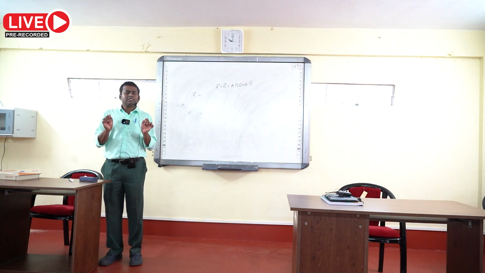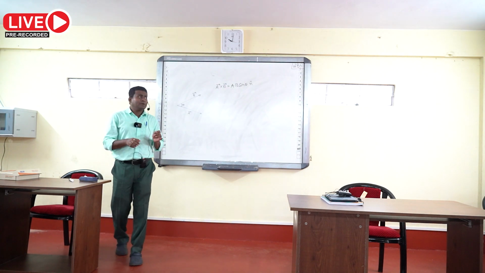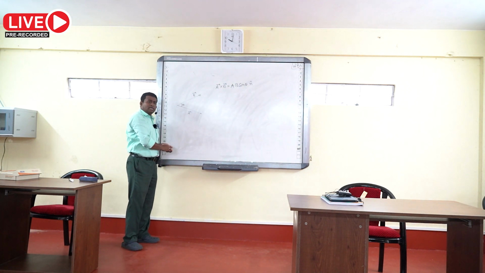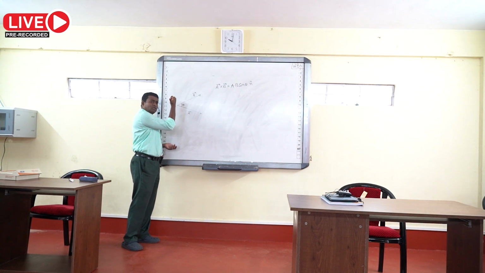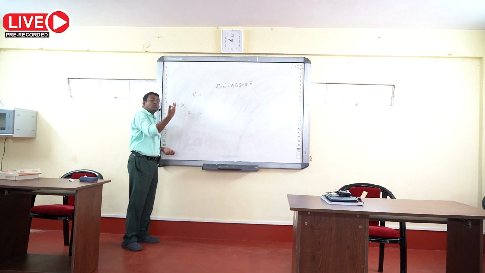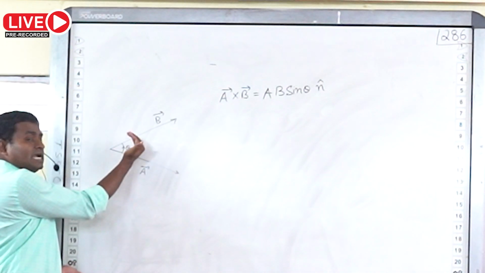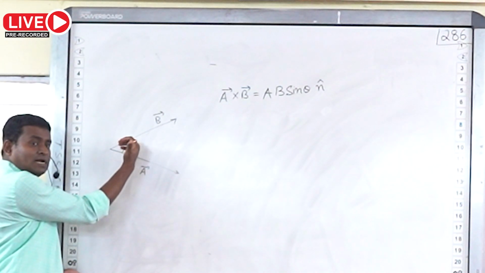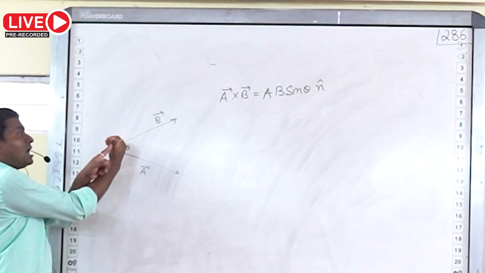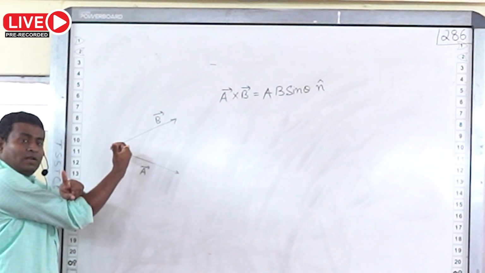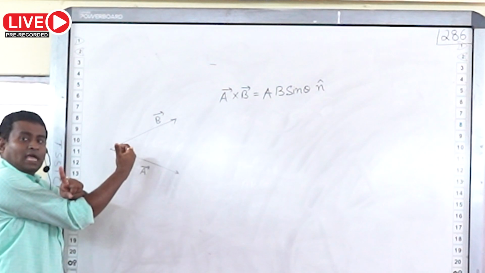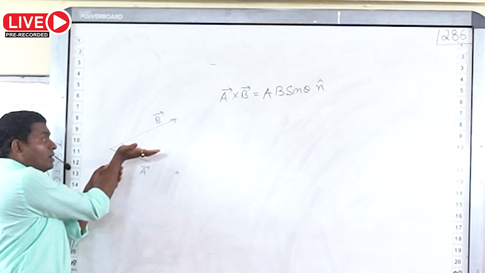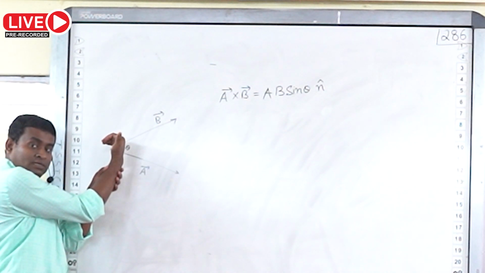But this definition is not complete, because perpendicular to the plane containing A and B, we can draw the unit vector along this direction, or along the opposite direction. But which one we will take? That is guided by the right hand rule. The right hand rule says that the outward drawn normal will be the direction of n cap when you are rotating from A to B.